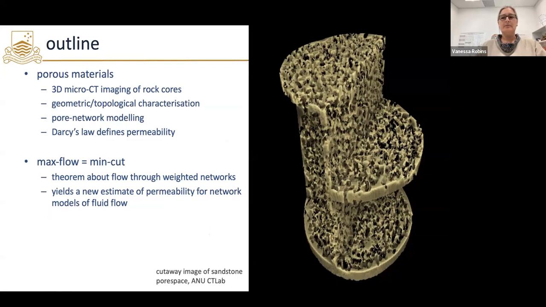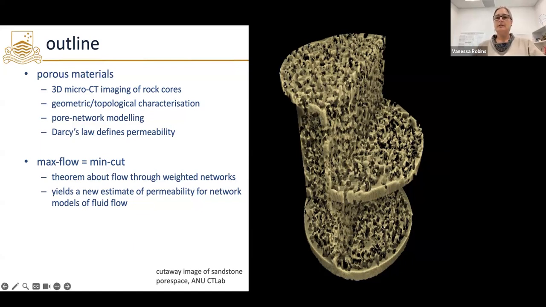I'm going to explain what permeability is at a very first year engineering level, and then explain how we used this concept that hopefully is well known to you: when we're looking at flow through a graph, this theorem that tells us that the maximum flow you can put through a weighted graph from a source to a sink, the maximum flow you can achieve, is equal to the weight of the minimum cut on the edges. Hopefully this will get clear as I go.